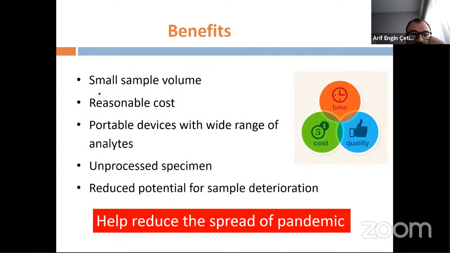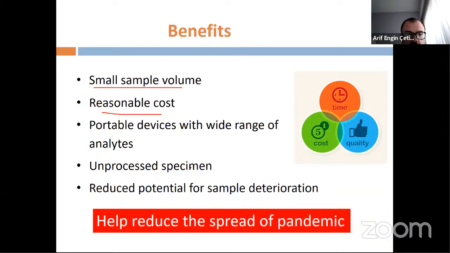So, as I told you, the POCT platforms need small sample volume, as they are integrated with the microfluidic platform, which effectively delivers the sample to the sensor location. They have reasonable cost. When you think about a PCR test, for example, for COVID-19, it's more than $100.